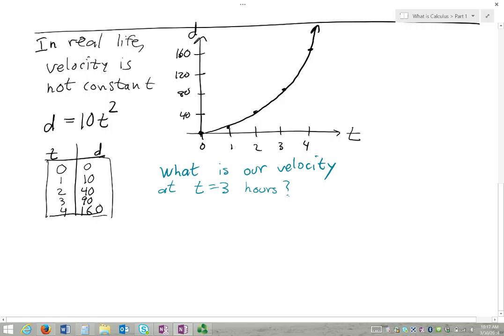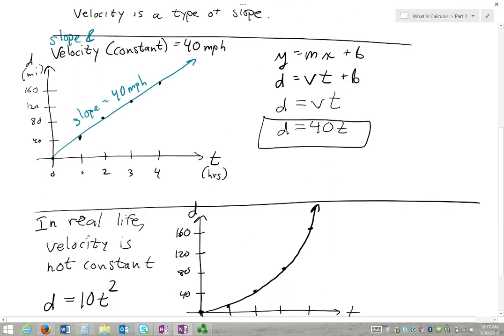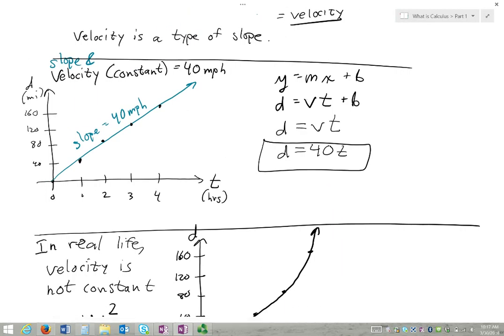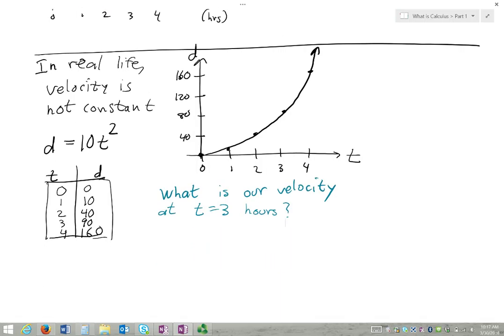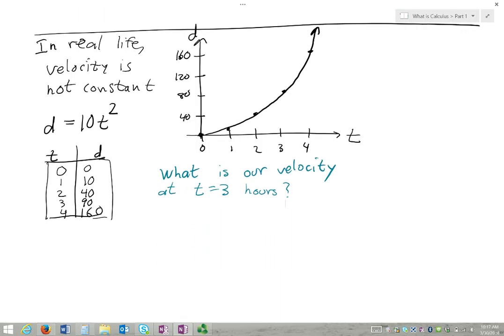Now, in the previous example, this was quite easy because the slope is 40 miles per hour. It's a constant speed, so if your average speed is 40 miles an hour, then 40 miles an hour is your speed at 0 hours, 1, 2, 3, 4, and everywhere in between. So it's an easy question to answer. Here, it's not so easy because the velocity is constantly changing.